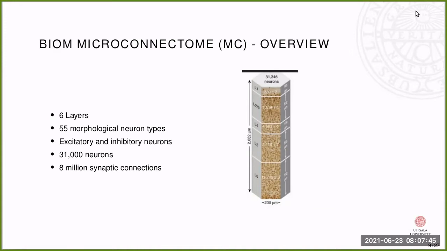Between these morphological types we have excitatory and inhibitory neurons, which is just one of the ways that they react with other neurons. We also have approximately 31,000 of these neurons in this connectome, and they are connected by 8 million or so synaptic connections.